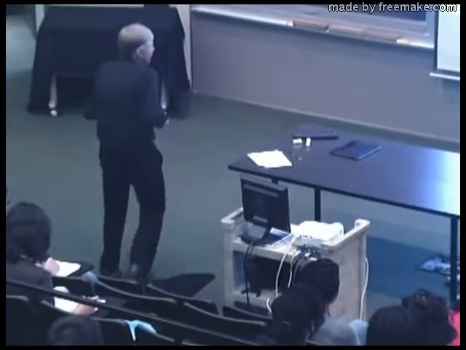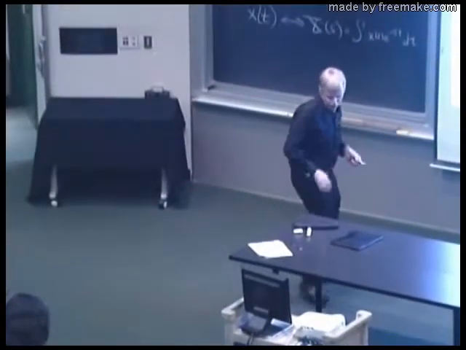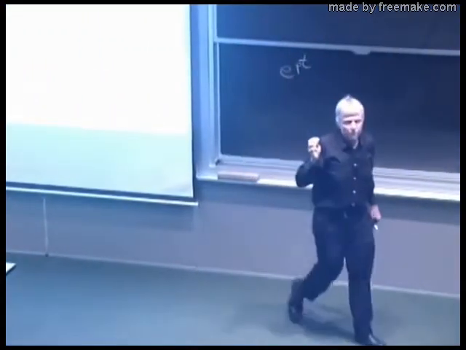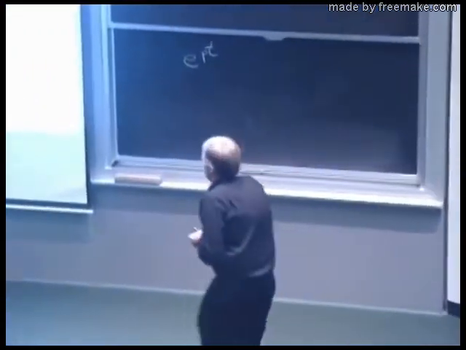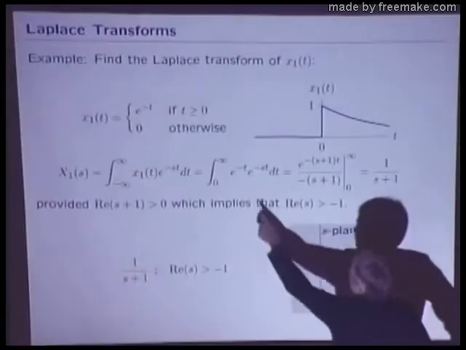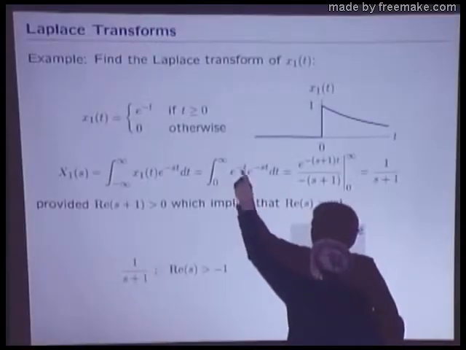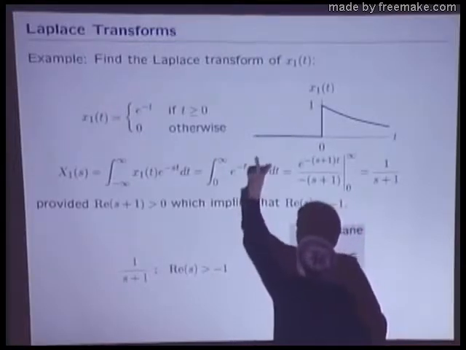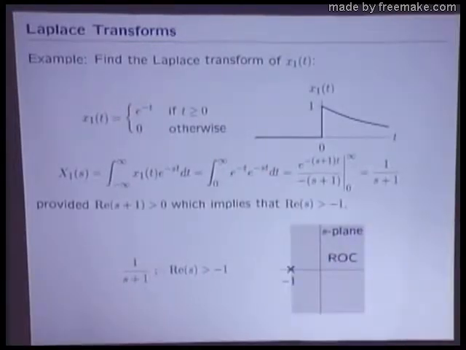So to think about that, think about the thing that we're integrating. We're integrating something that looks like, say, e to the pt. We're integrating against some function. So the original function of time is e to the minus t. Here we have e to the minus st. Let's just focus on that one for a moment, the e to the st thing.